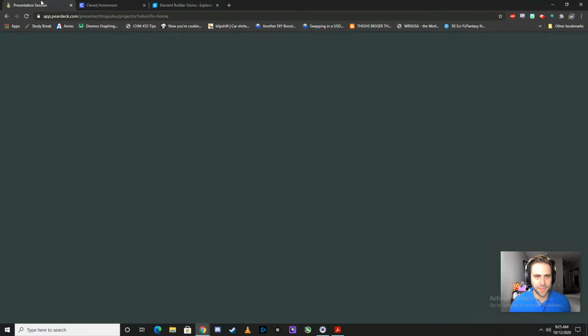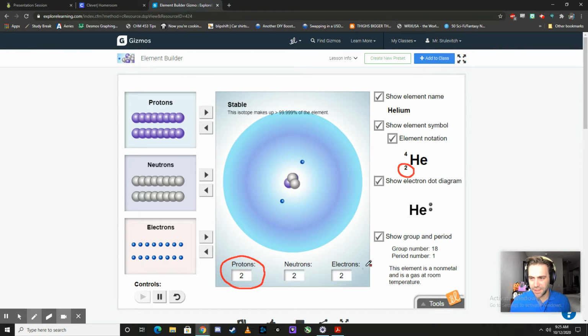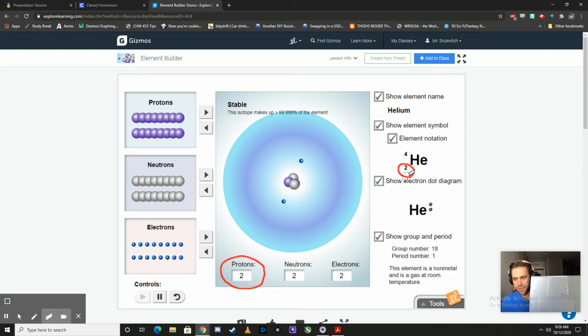Okay. How do you calculate the number of neutrons? Let me see if I can show you on my whiteboard. To find the number of neutrons, you take the atomic mass. The atomic mass in this element of helium, and I want to make that green, is 4.